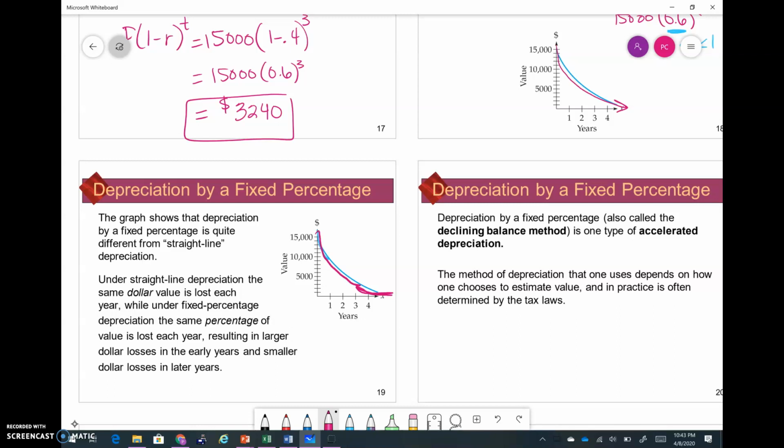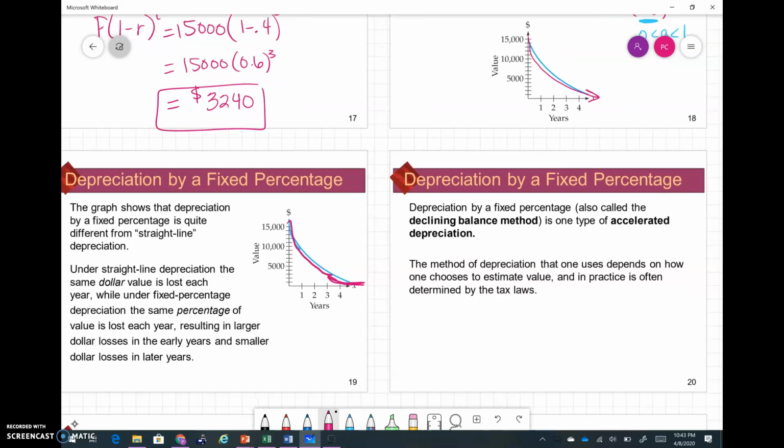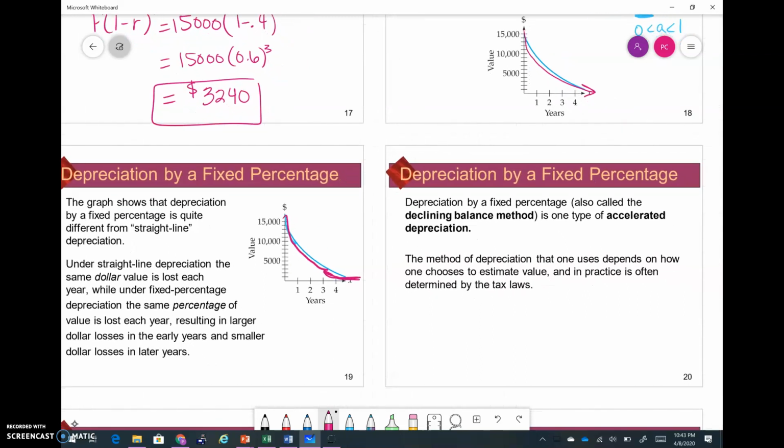All right, so depreciation by a fixed percentage is also called the declining balance method, and it's one type of accelerated depreciation. The method of depreciation that one uses depends on how you choose to estimate the value, and in practice is often determined by tax laws.